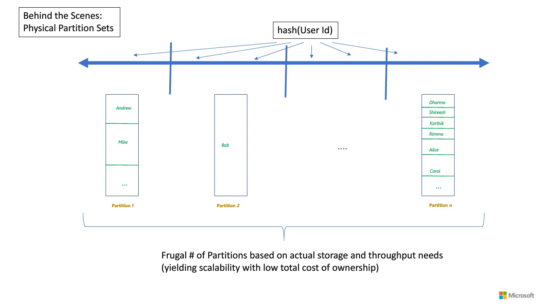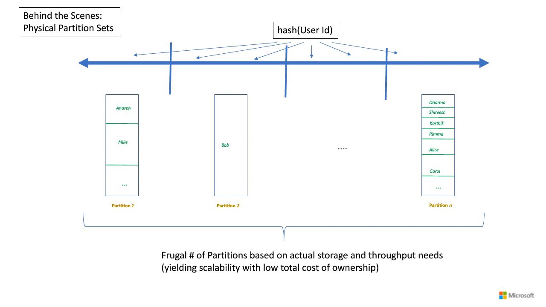The number of actual physical partitions really does not matter. It's an implementation detail. The only reason why you might care is maybe for ego. I mean, at the end of the day, maybe there's some sense of pride on, wow, what a large cluster I have. But from an actual business value standpoint, this is just an implementation detail.